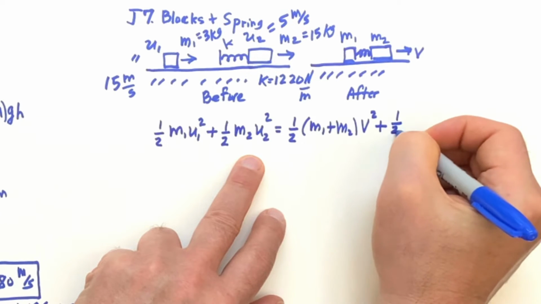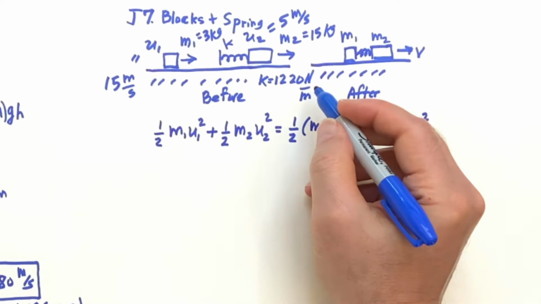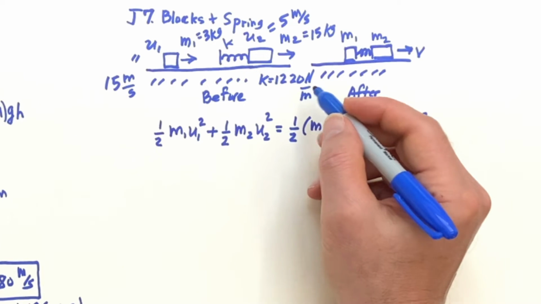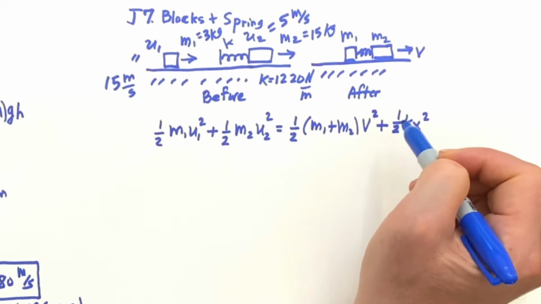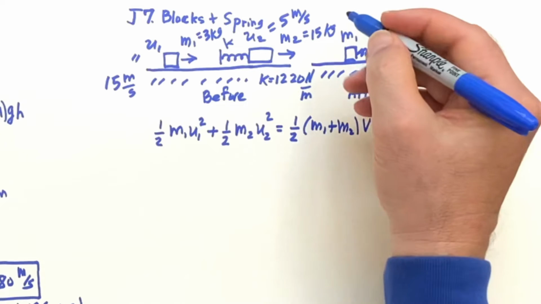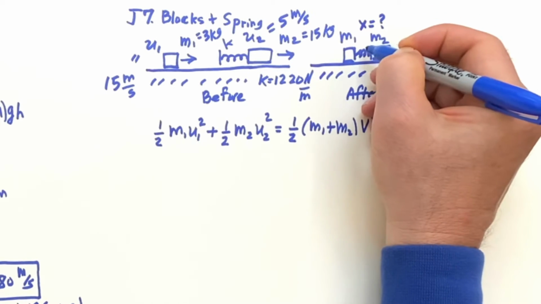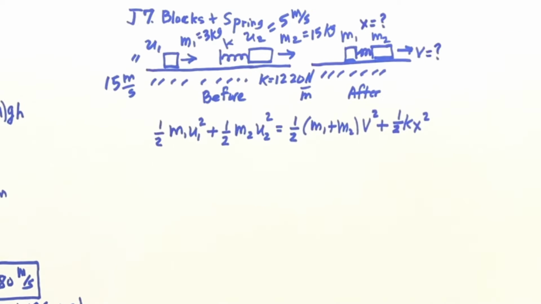So the 1/2 kx squared. What the question is in this problem is to find v and find the compression x. So you're asked to find 2 things. In other words, what is the maximum compression, and at that moment, what is the velocity when they're moving together at that instant?